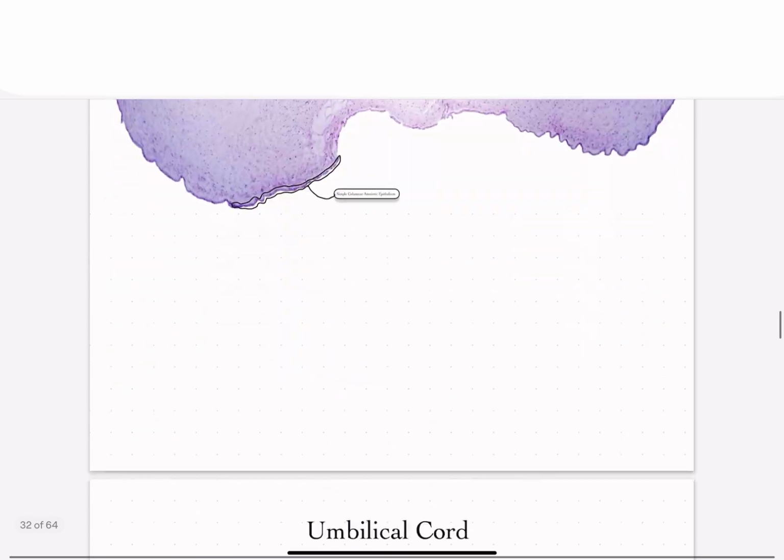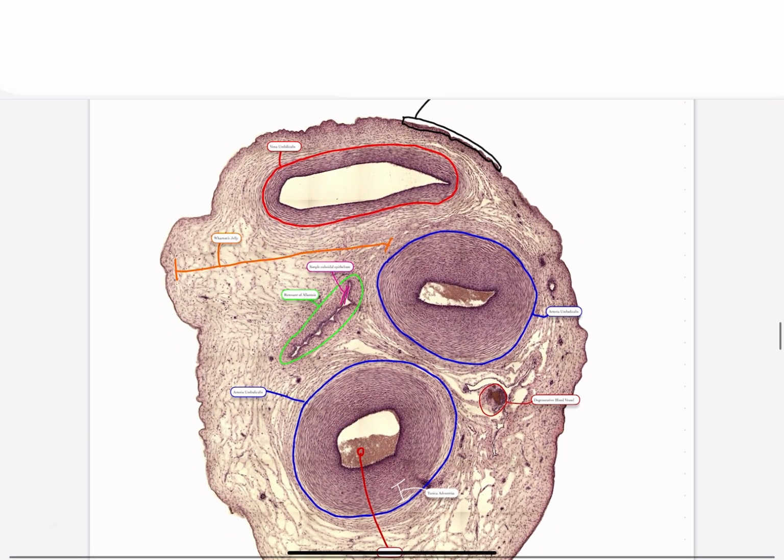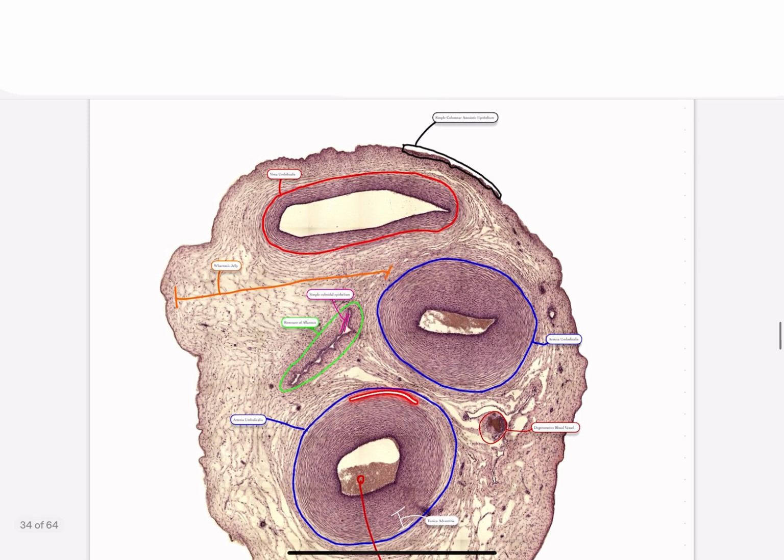The third structure that I'd like to talk about is another sort of opening, another sort of tube within the umbilical cord. Now, like I said, we have two arteries and one vein. The vein has a larger lumen, the artery has a smaller lumen, but the artery has a thicker wall, while the vein has a thinner wall, right?